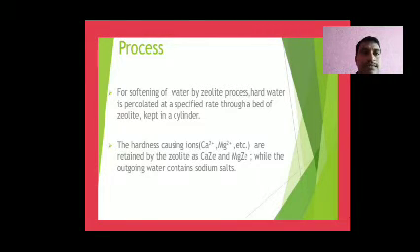Na+ ions, that is sodium ions, do not cause hardness to the water. Calcium zeolite and magnesium zeolite formed are retained in the permutit. Sodium zeolite reacts with hardness causing calcium and magnesium ions to form calcium zeolite and magnesium zeolite. These calcium and magnesium ions are replaced with sodium ions in the water.